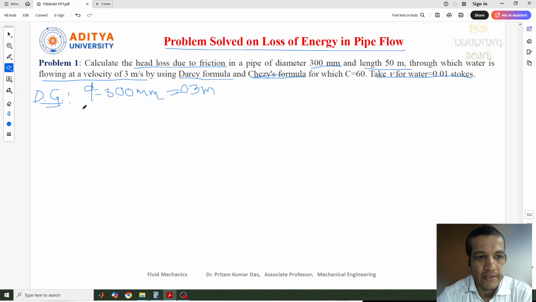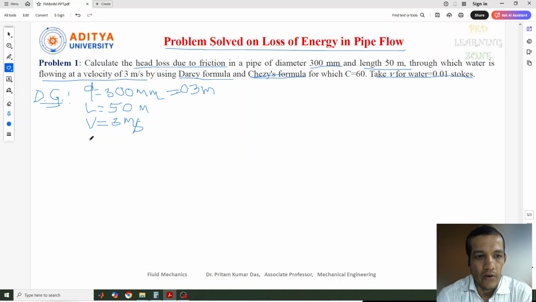The length L is given as 50 meter, and the water is flowing with a velocity of V equal to 3 meter per second.